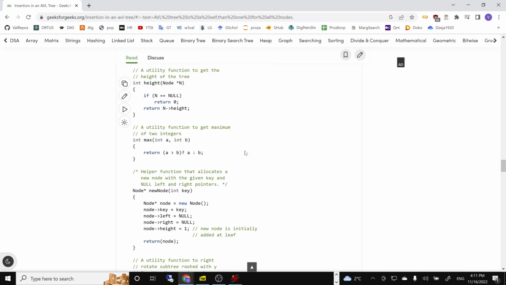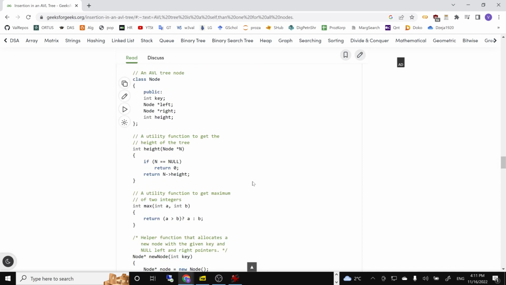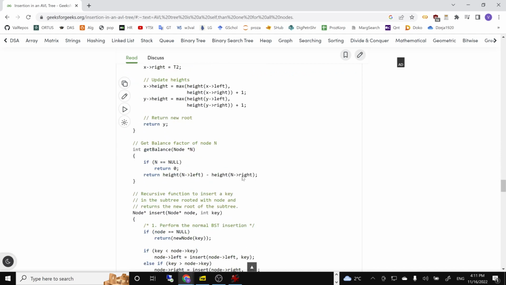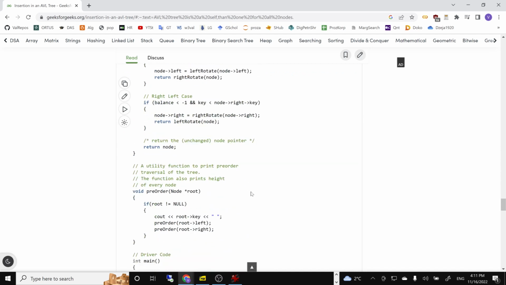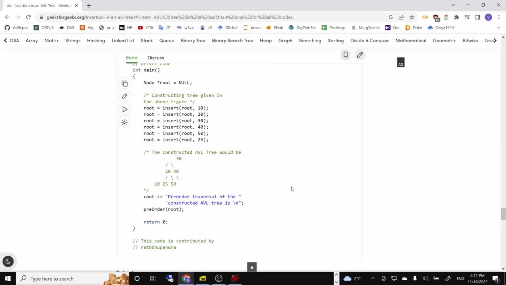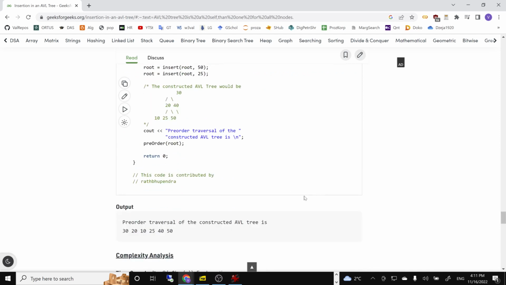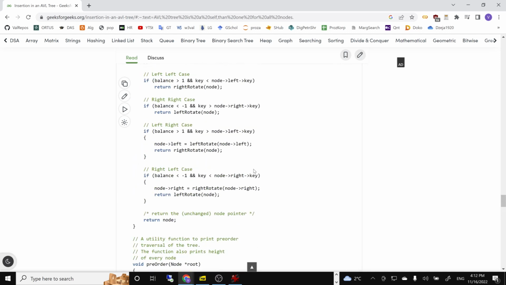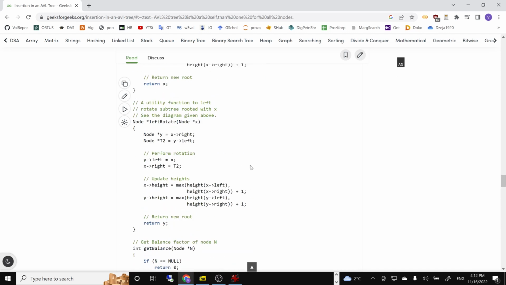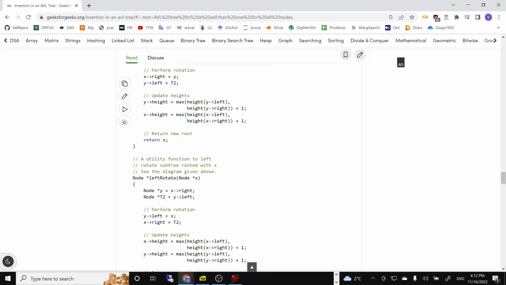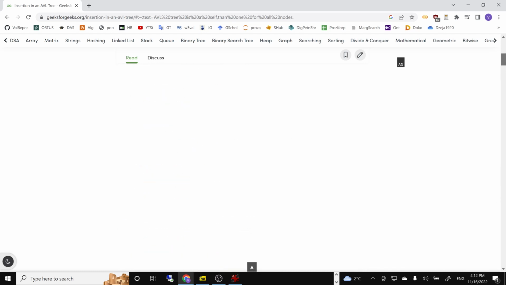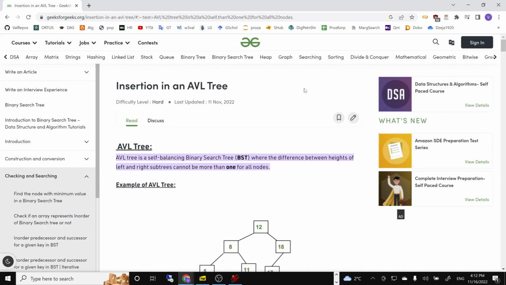Again, maybe not perfect code, but good enough. Then you have nodes, balance, and the preorder traversal, main. Node root. This works, but you probably want to make an AVL class too. This just has nodes in main. Again, this is code you could use, improve on, and adjust, not something to be used as is.